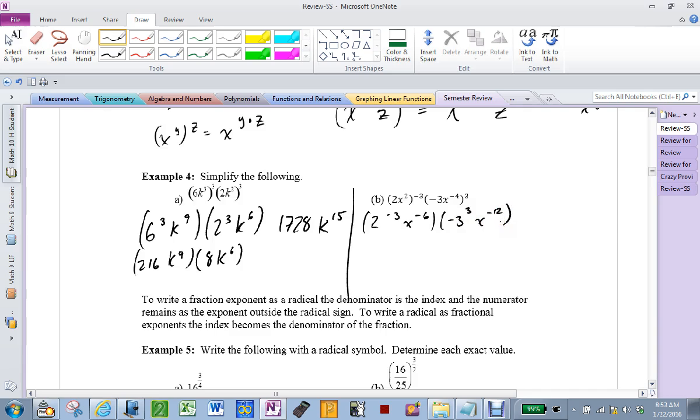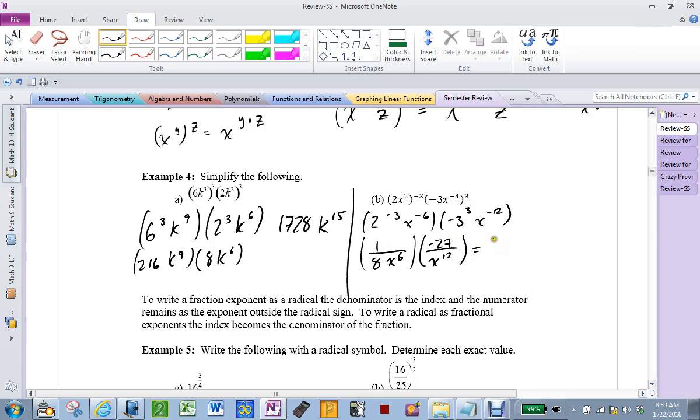Now simplify again. That's 1 over 8 and x over 6. Yes? Because the negative moves down. Times negative 27 up top, and the x moves down.